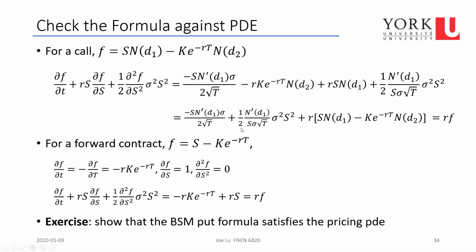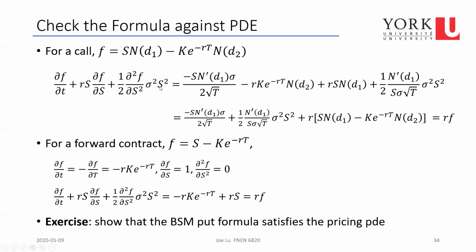Now you see that there's a sigma square S square here, so you're left with the sigma times S. So basically, these two terms will cancel one another. And what you can recognize here is that this S N(d1) minus K times e to the power of minus rT N(d2) is just F. So this becomes rF.